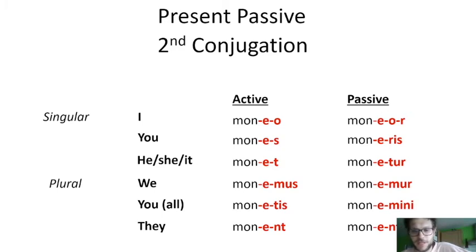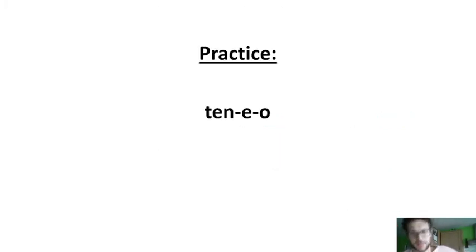Okay, so here we go. 6 words. Teneo, change it to the first person singular in the passive voice, please. 10 seconds. Okay, so it should be teneor.